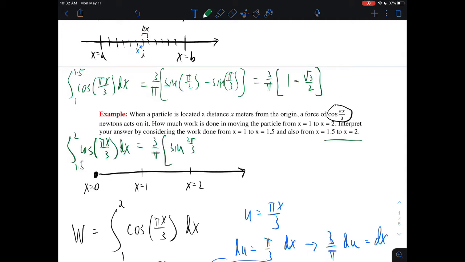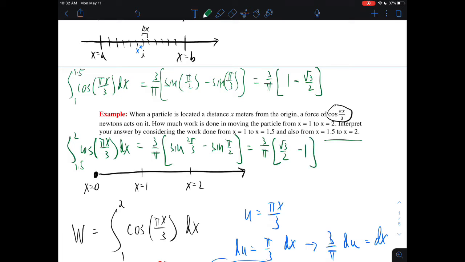And then 1.5, we know that that's going to give us sine of pi over 2. So this ends up being 3 over pi times square root of 3 over 2 minus 1.